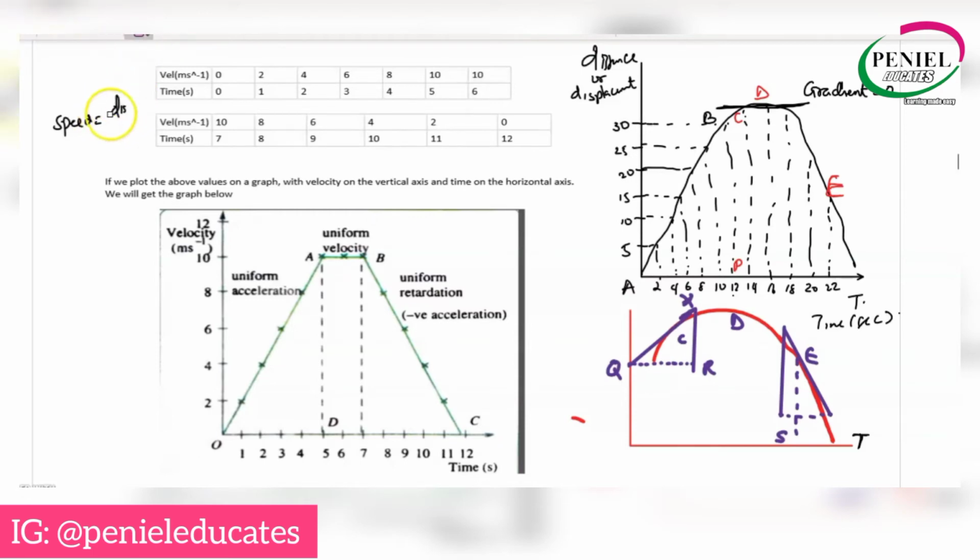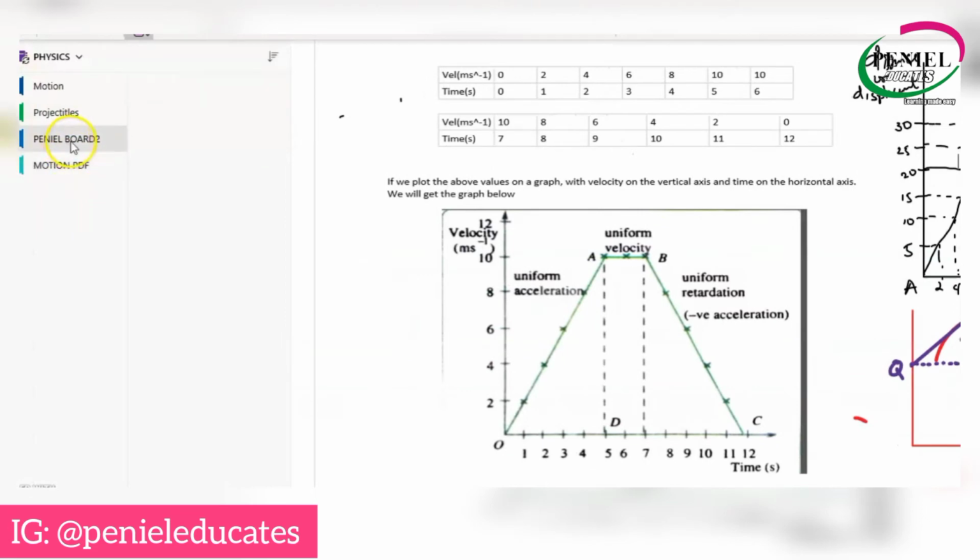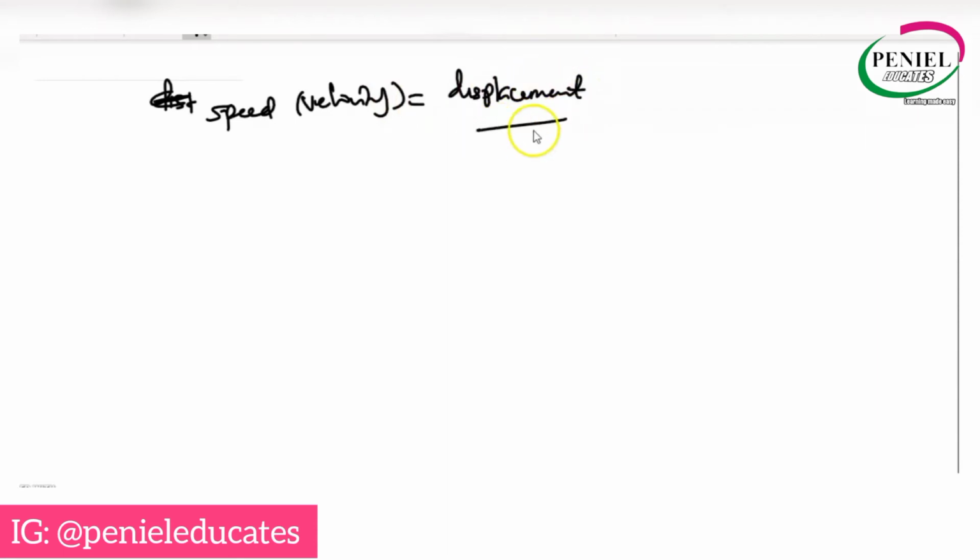Let me go to the other board here. Don't forget, we have speed, or the velocity, as displacement over time.